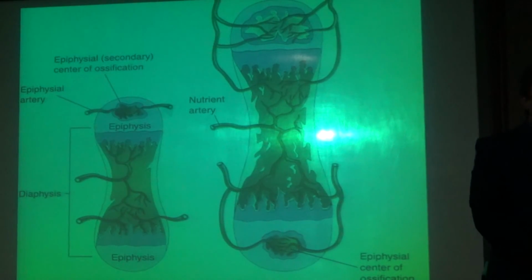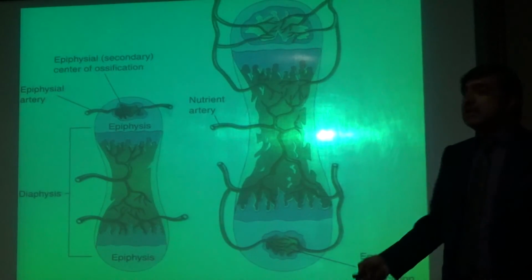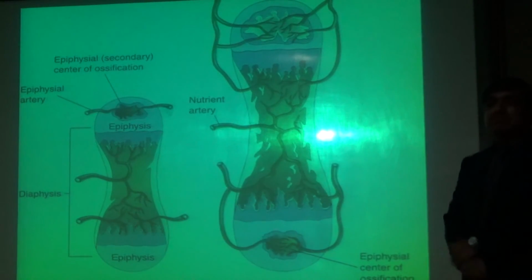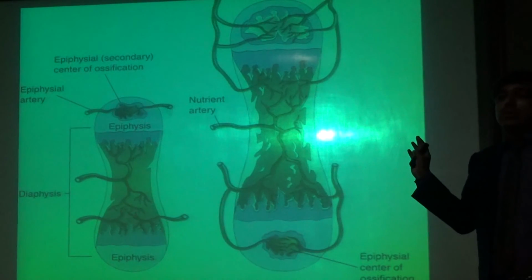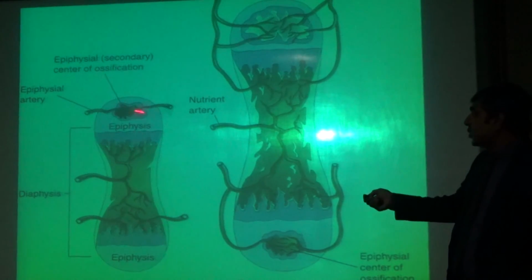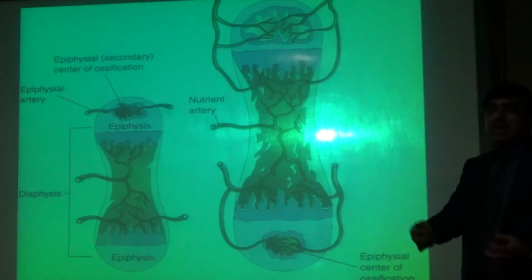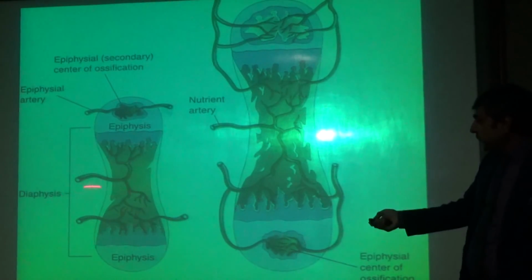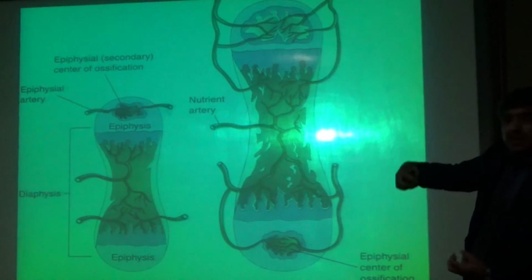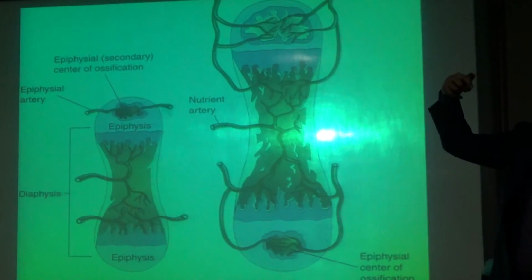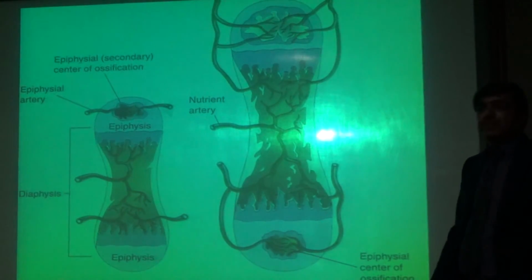If a 6-year-old baby falls down and the fracture occurs in this area, it will not grow, because these are the growing ends. Ossification of the bone starts from here and extends into the ends of the bones, the epiphysis.